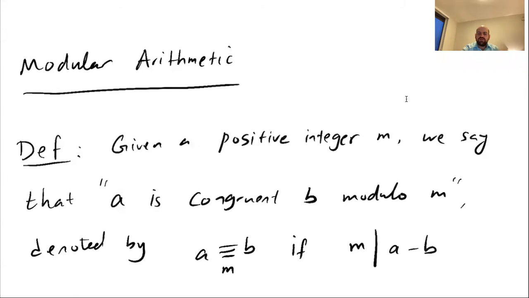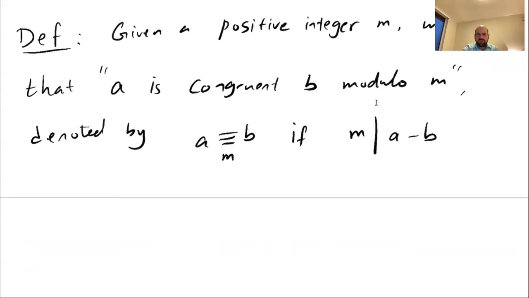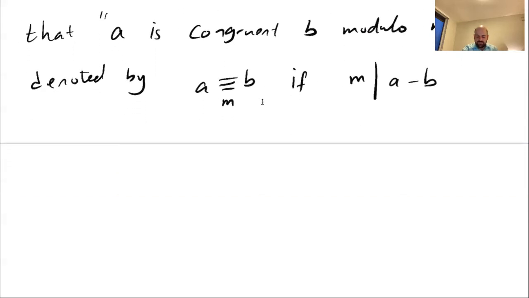When do we say that two numbers are congruent modulo another number? A is called congruent B modulo M, so the notation is this notation, similar to equivalency notation, if M divides A minus B. So two numbers are congruent if the difference is divisible by M. Two numbers are congruent modulo a number M if their difference is divisible by M. So let's look at an example.